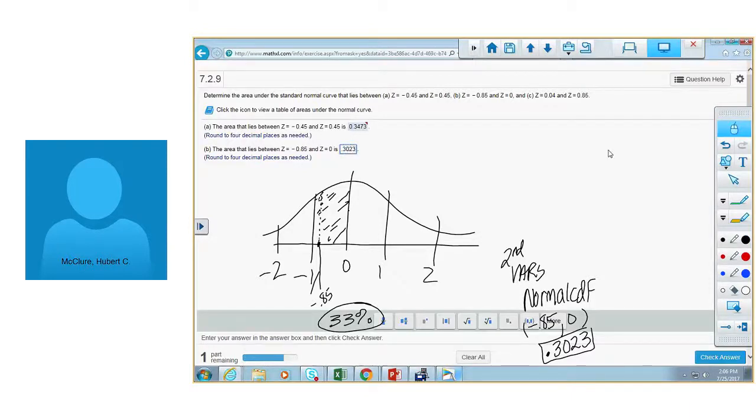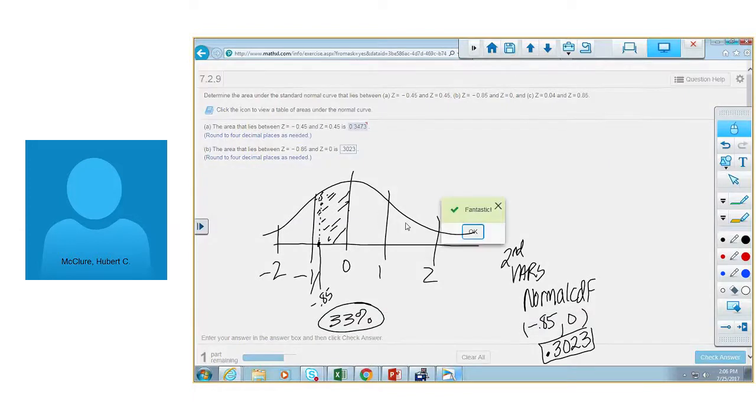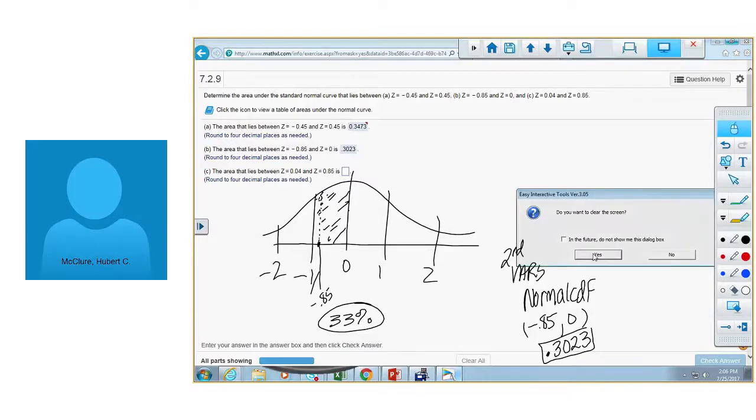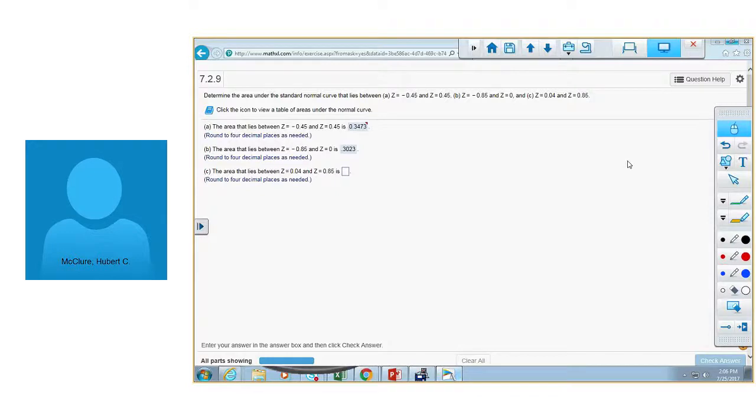Fantastic. Now you do between 0.04 and 0.85. Now, all three of these questions are good test questions. But I'm not going to give you this question asking three of them. I'm going to give you each individual one. These are all three good individual questions.